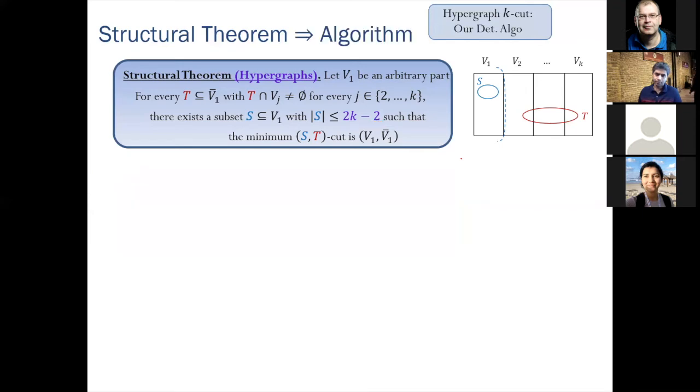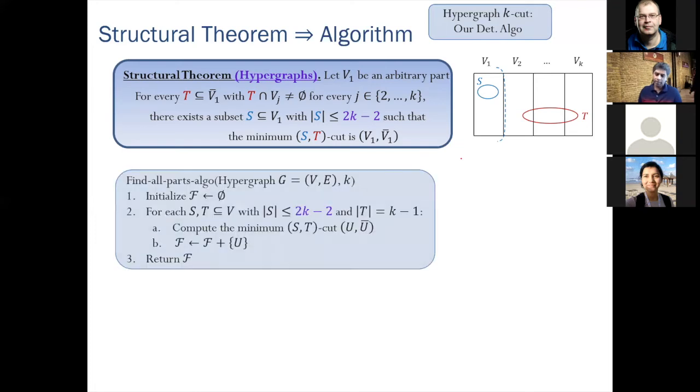Okay, let's see how to use the structural theorem to design the deterministic polynomial time algorithm for hypergraph K-cut. The structural theorem allows us to enumerate a polynomial-sized family containing all parts of the optimum K partition. Here is how we would do this. Initialize the family F to be empty.